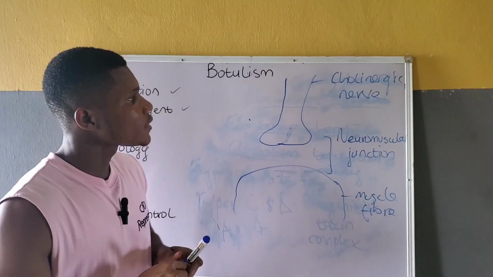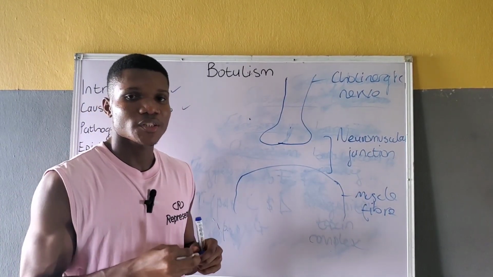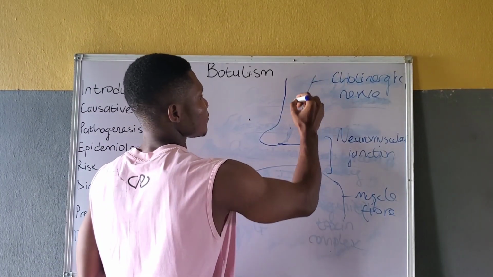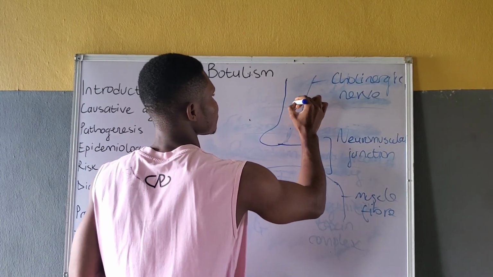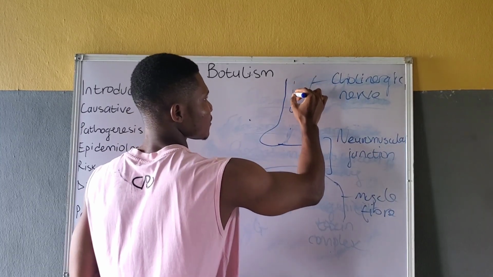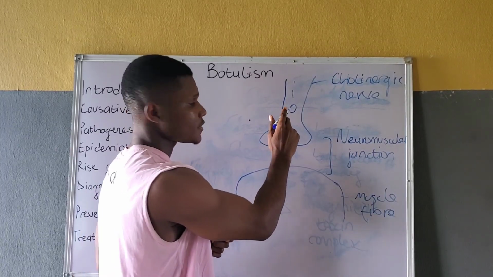Usually in normal skeletal muscle contraction, action potentials come and stimulate the vesicles in the nerves.